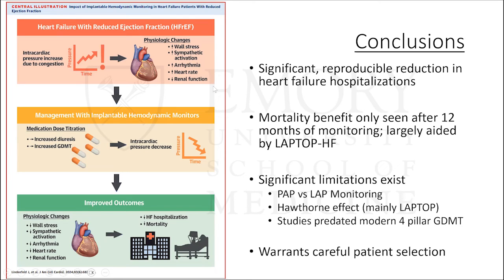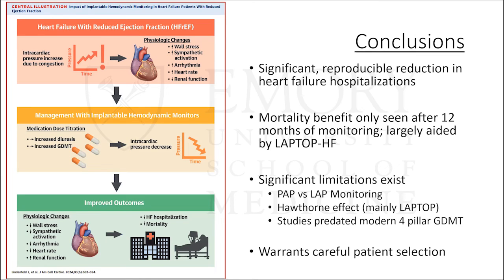Some of the physiologic changes and the benefits of being able to see these data over time to maintain lower intracardiac pressures and up-titrate GDMT in a more dramatic fashion, and then keep patients decongested for longer. Overall, I think that this data shows a significant reproducible reduction in heart failure hospitalizations. I think the mortality benefit is seen only after 12 months and was largely aided by the LAPTOP-HF study inclusion.